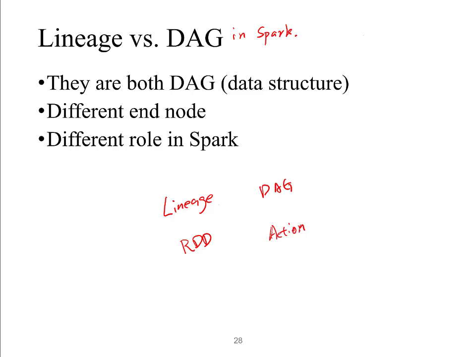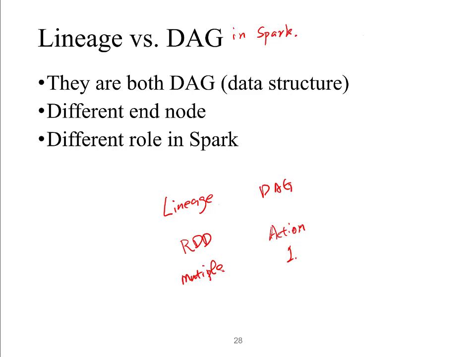Also, for a job, there would be only one DAG. However, there would be multiple lineages, because for each RDD there is a lineage. Therefore they play different roles in Spark.